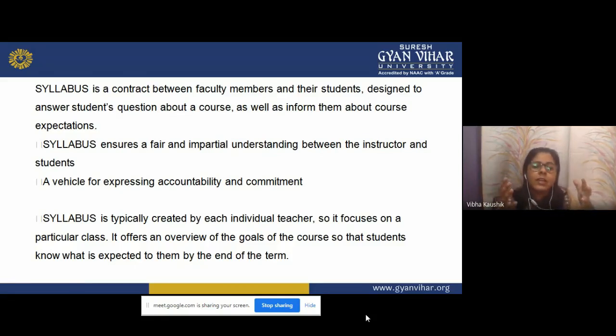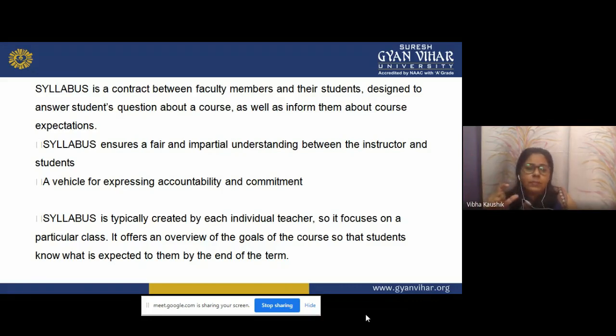Syllabus is typically created by an individual teacher. Who is designing the syllabus? The syllabus is designed or created by an individual teacher who is teaching that particular subject, so it focuses on a particular class. The teacher will create the syllabus keeping in mind whom he is going to teach, whether a primary section or a secondary section.